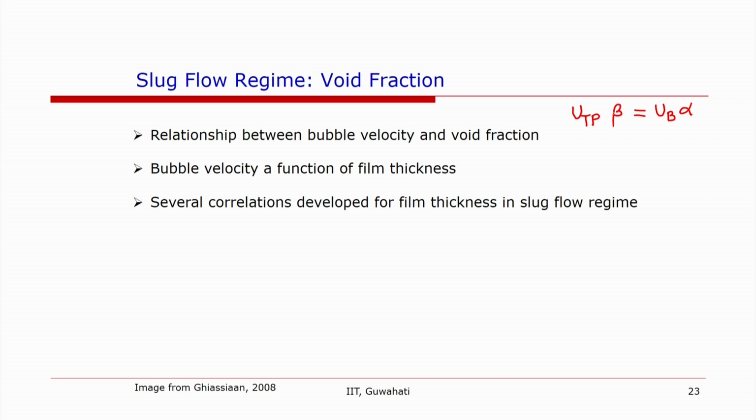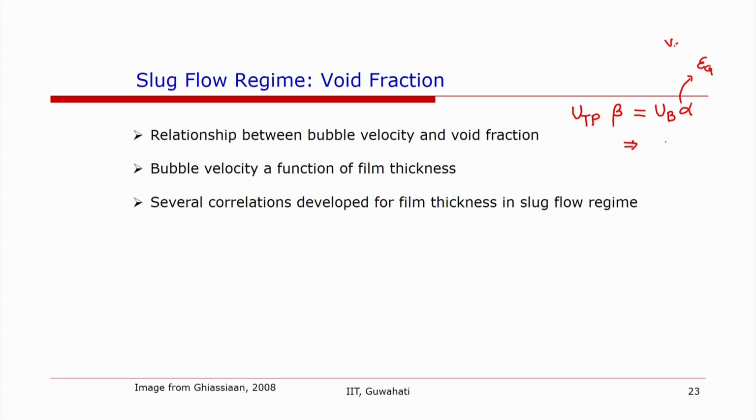So if the bubble velocity has been measured or obtained, then one can obtain the void fraction. In some places we have termed it epsilon g, the void fraction.